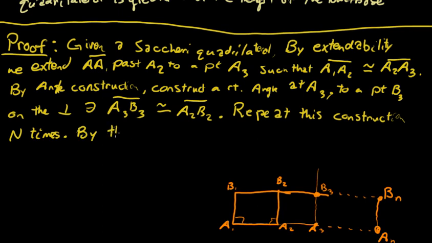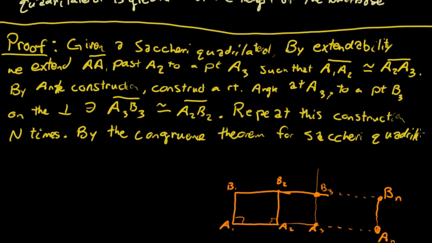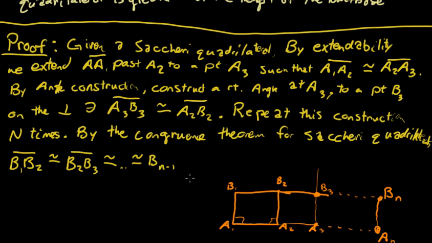Then by the congruence theorem for Saccheri quadrilaterals, B sub 1, B sub 2 is congruent to B sub 2, B sub 3 is congruent to ... and that goes all the way down to B sub n and B sub n plus 1.